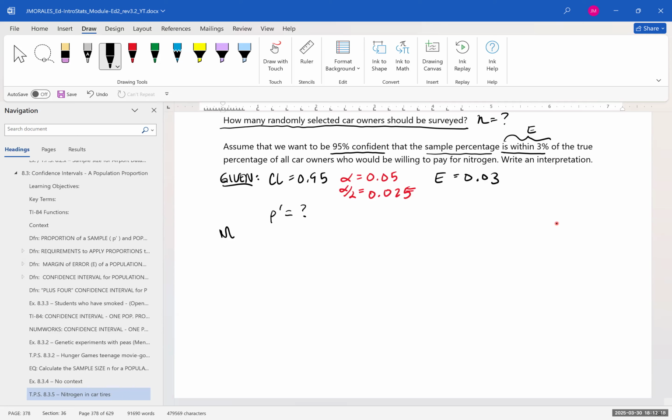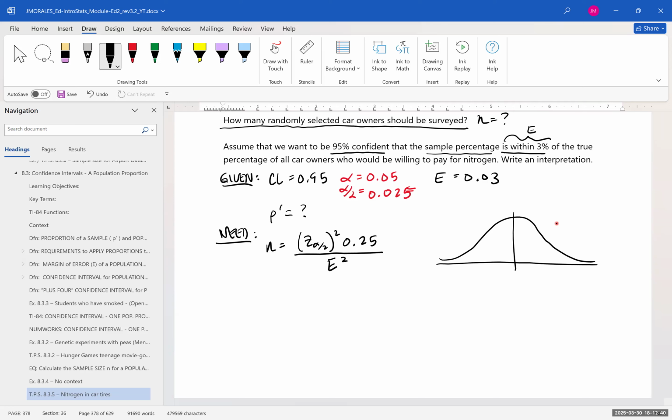So what we need is the sample size equal to z alpha 2 squared times 0.25 divided by the error squared. And of course, we have the error, but what we need is the z alpha 2. So let's do a quick sketch of that. It's going to be two-tailed.